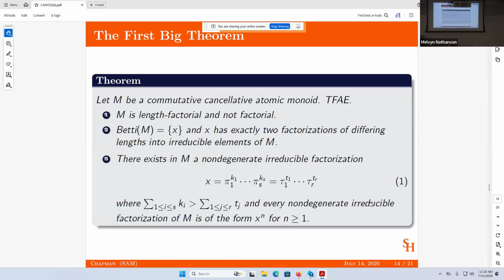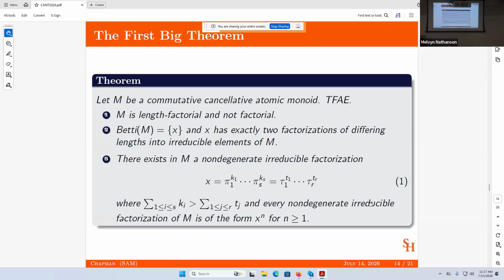So M is length factorial and not factorial is equivalent to, let me boil this down a little more simply than the way it's written out there: there is a factorization that involves all the non-prime irreducibles, where there's a group of them on one side and a group of them on the other. And every non-degenerate irreducible factorization of M is a power of that one single factorization.